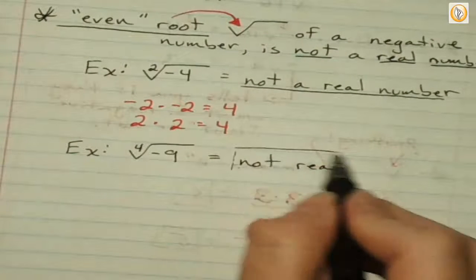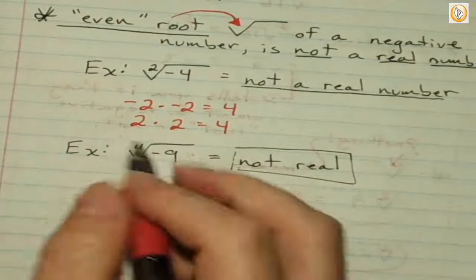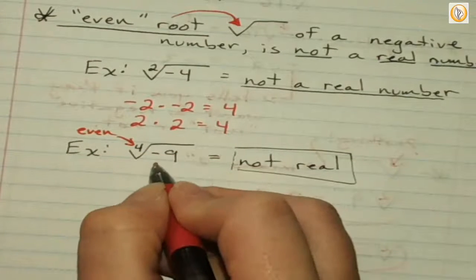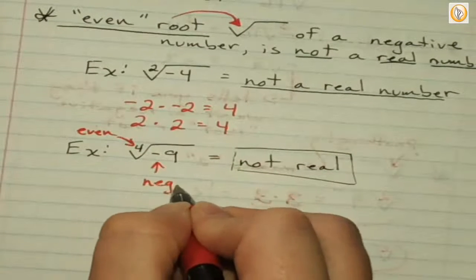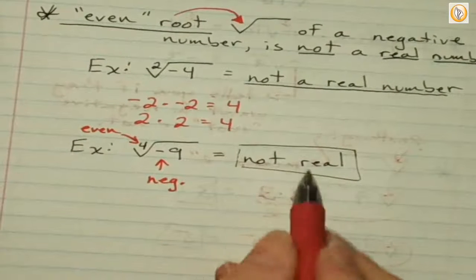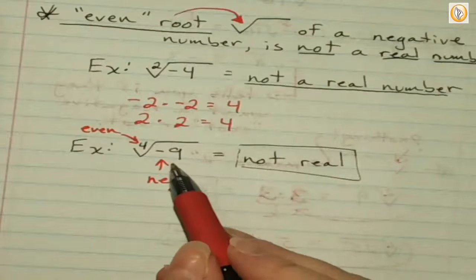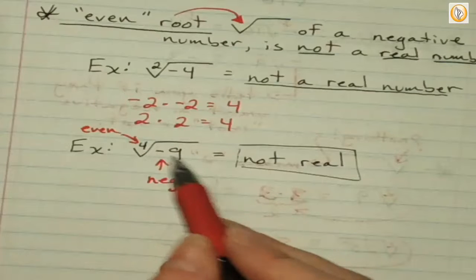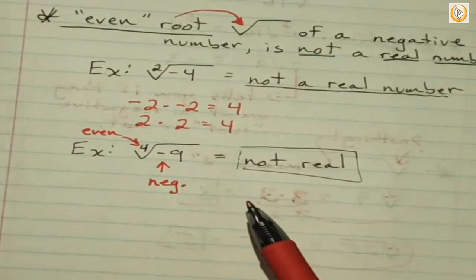You don't have to worry about it, because if that's even and that's negative, then there's no way to get it. There's no number that times itself 4 times will give you a negative radicand.